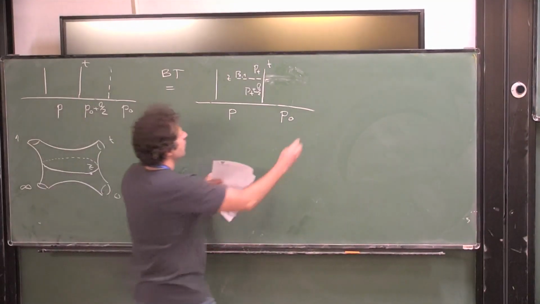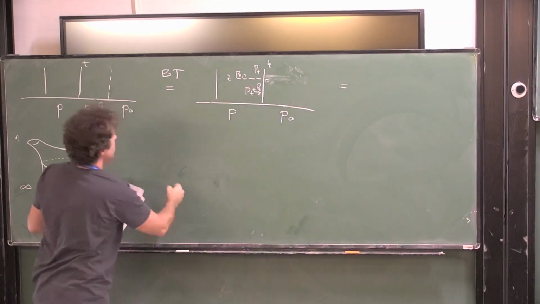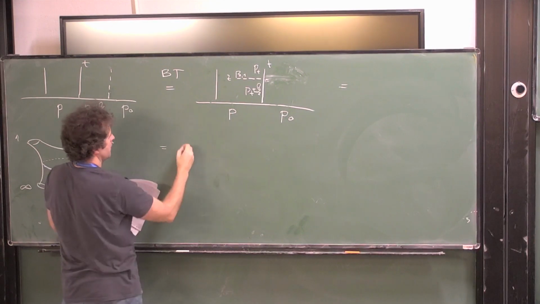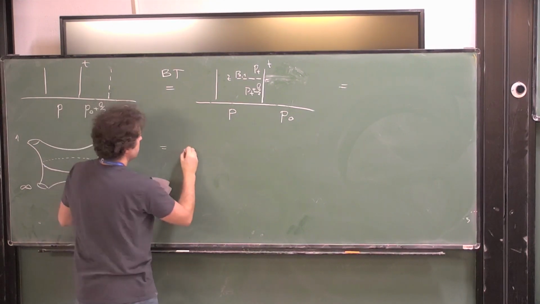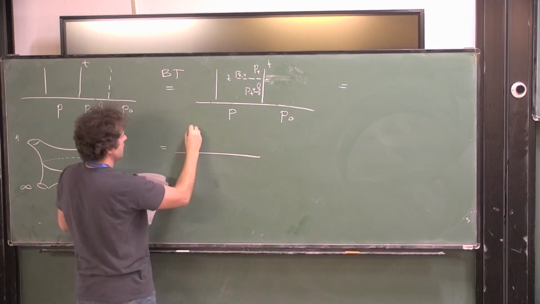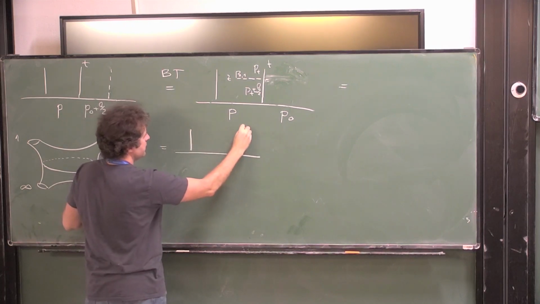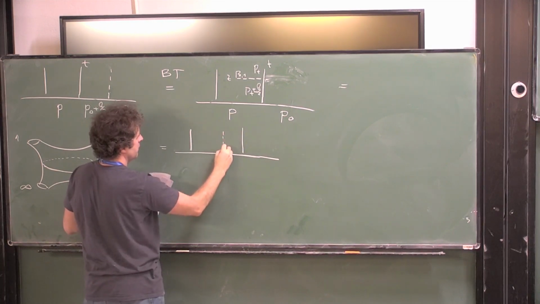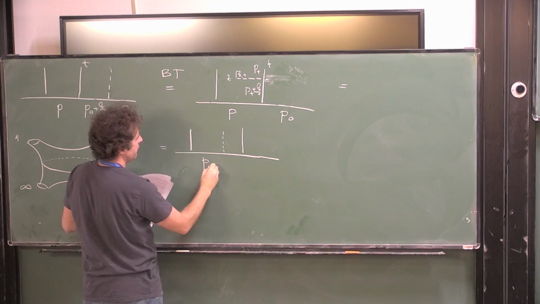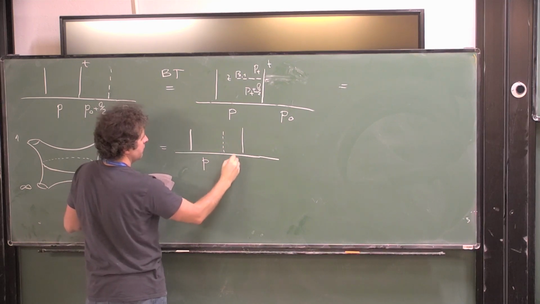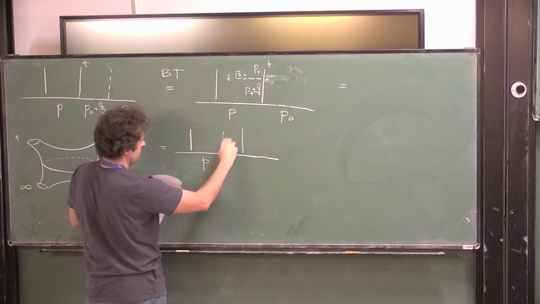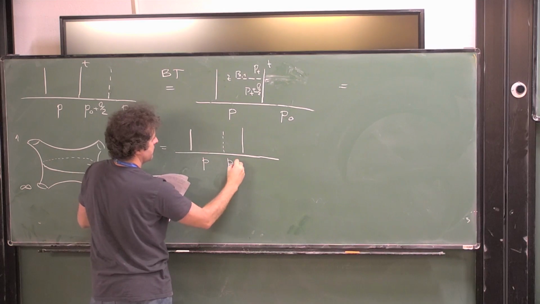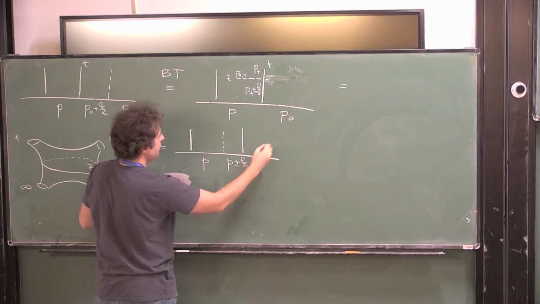Right. So once we have this, we can move to the other leg. We can move down and write this combination in the following way. So it's again a linear combination of two conformal blocks, where here we have P, here we have P plus minus b over 2.